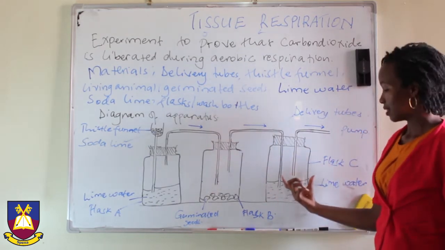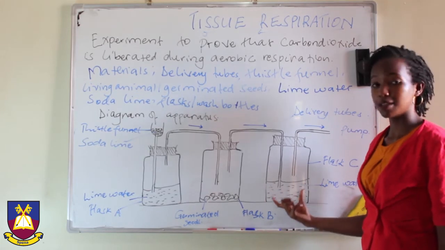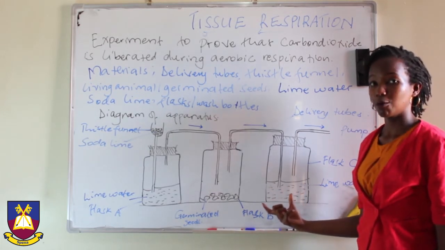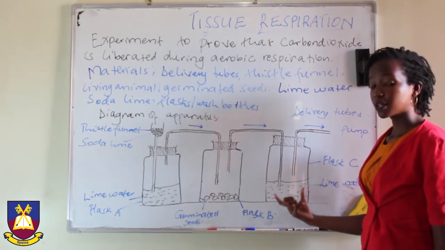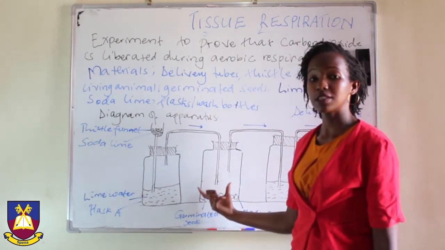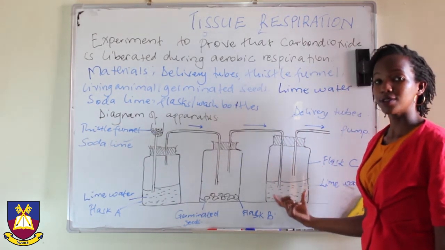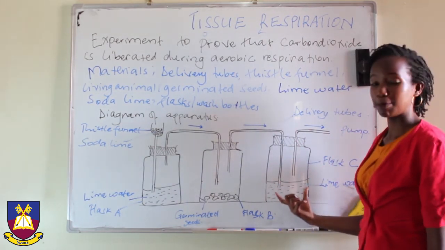Then the air passes through flask B to C. Observation is lime water in flask C turns milky. Why is that so? It is because respiration by these germinated seeds produces carbon dioxide, which moves to flask C and causes lime water to become milky.